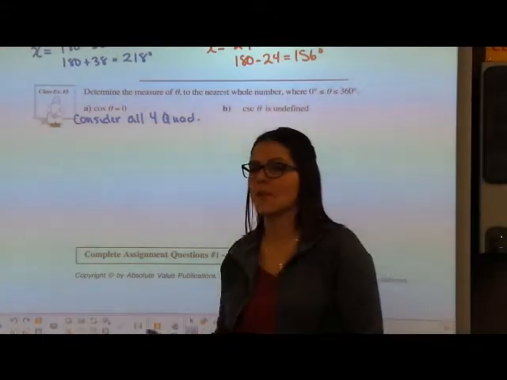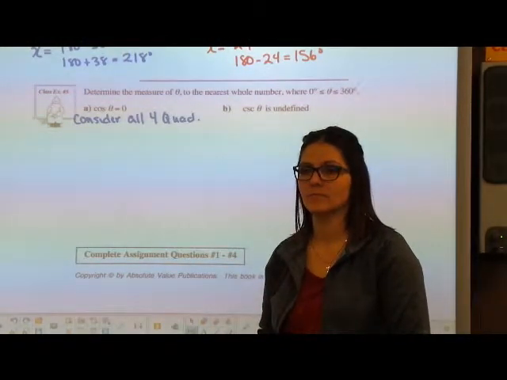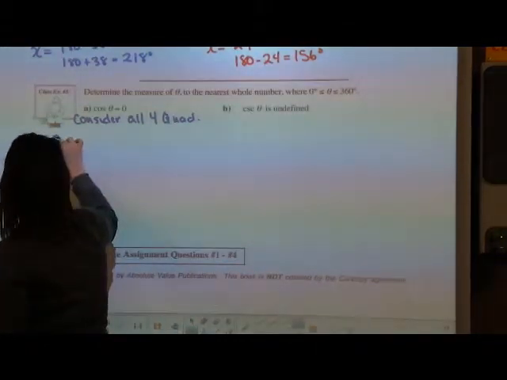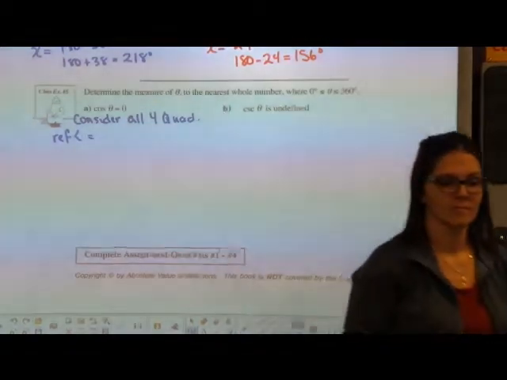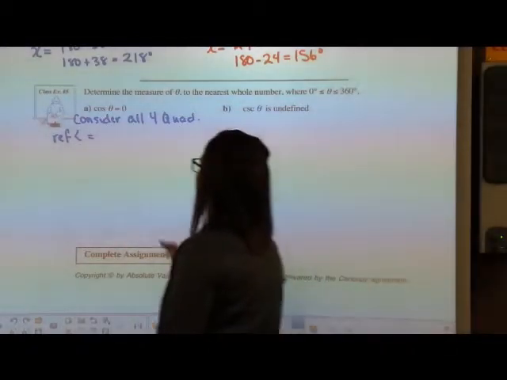What's my next step once I have the quadrants? Find your reference angle. What's my reference angle? 90 degrees.